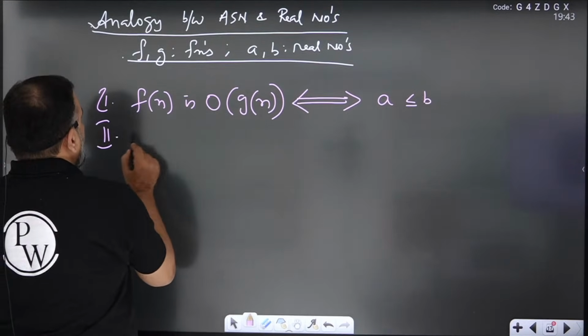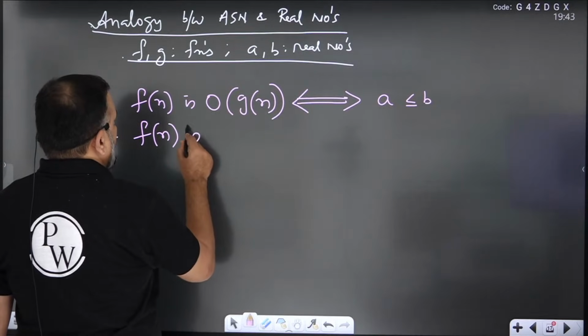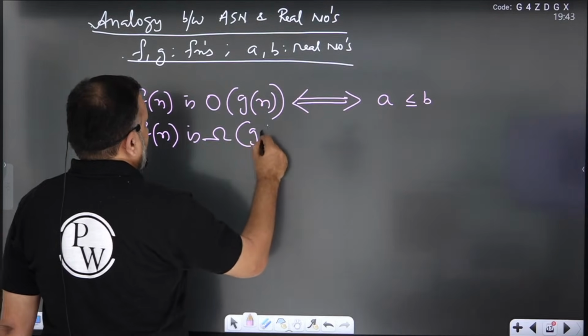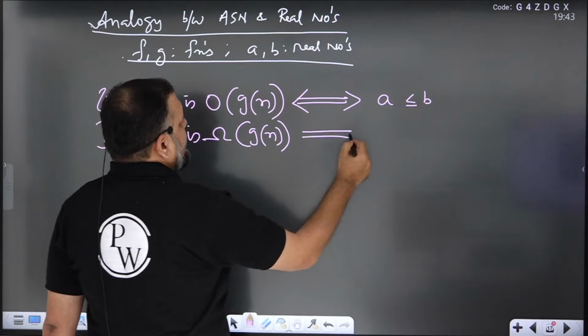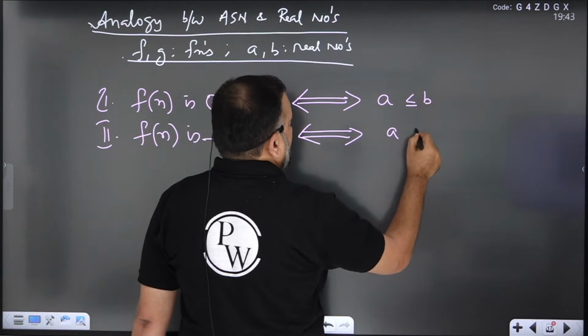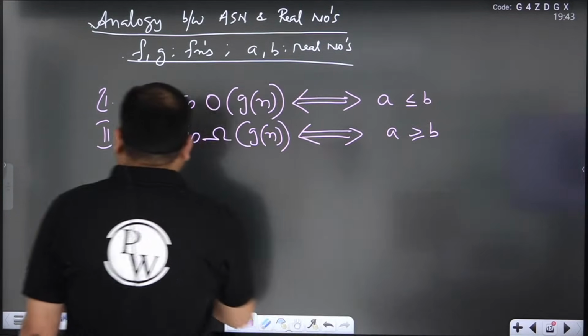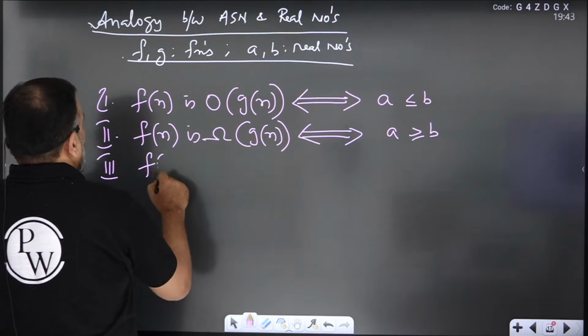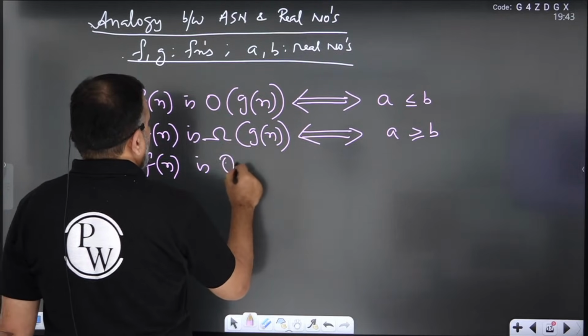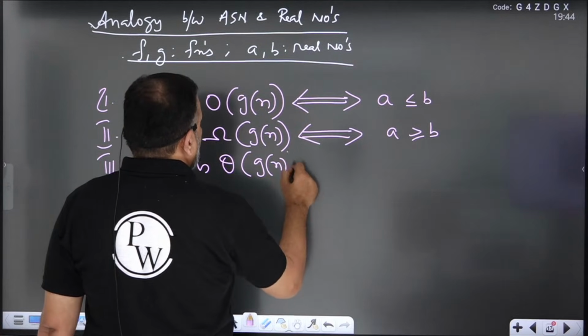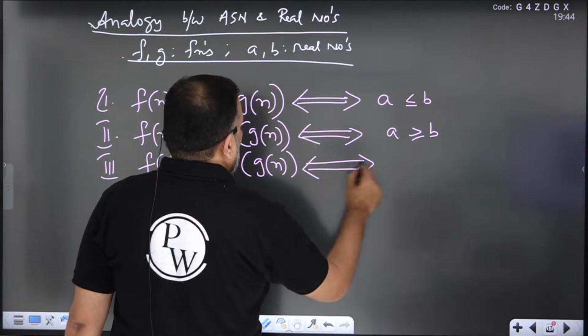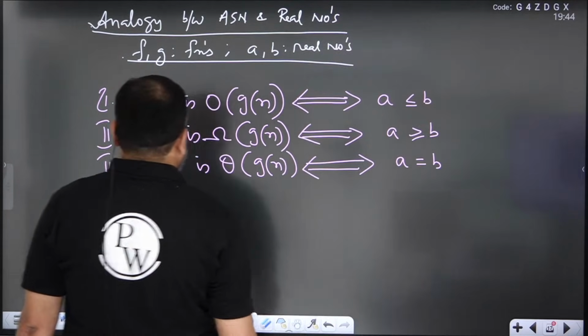The second analogy: when I say f of n is big omega of g of n, it is equivalent to saying that a is greater than or equal to b. Third, when I say f of n is theta of g of n, analogously this is the same as saying a is equal to b.